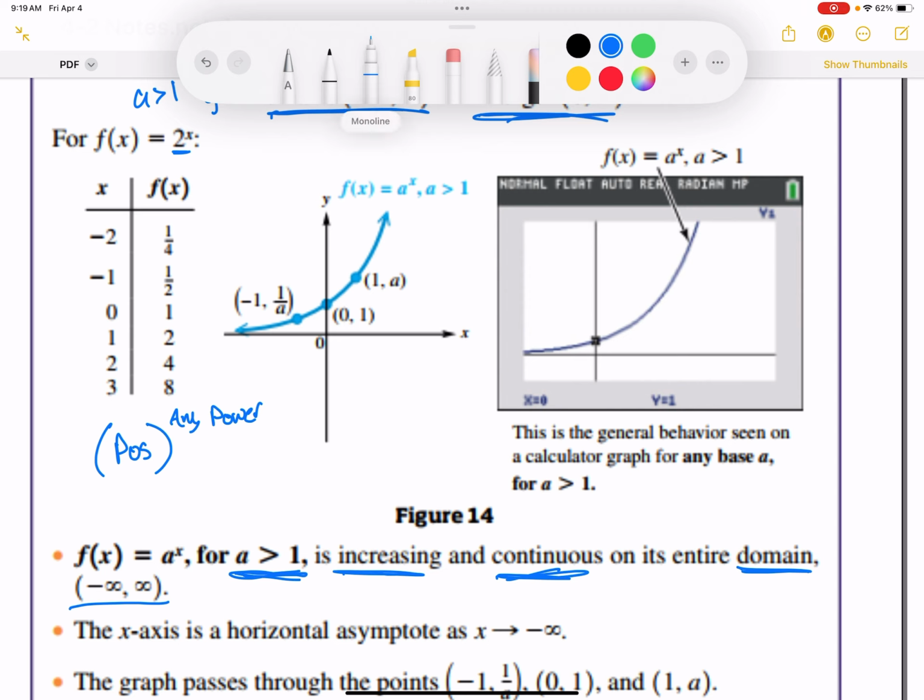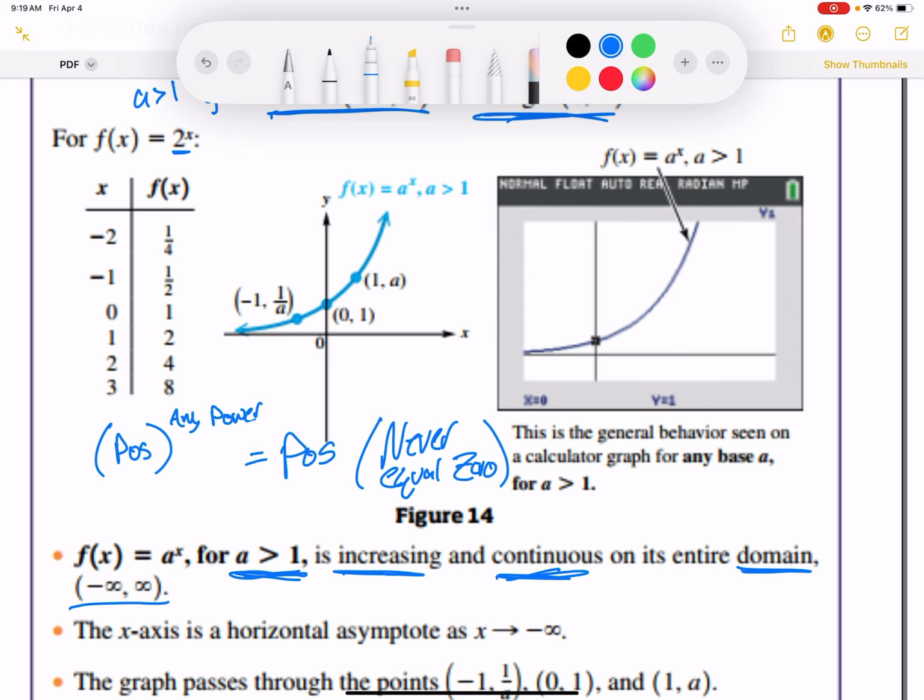It equals a positive every time, and it can never equal 0. Why can't it ever equal 0?